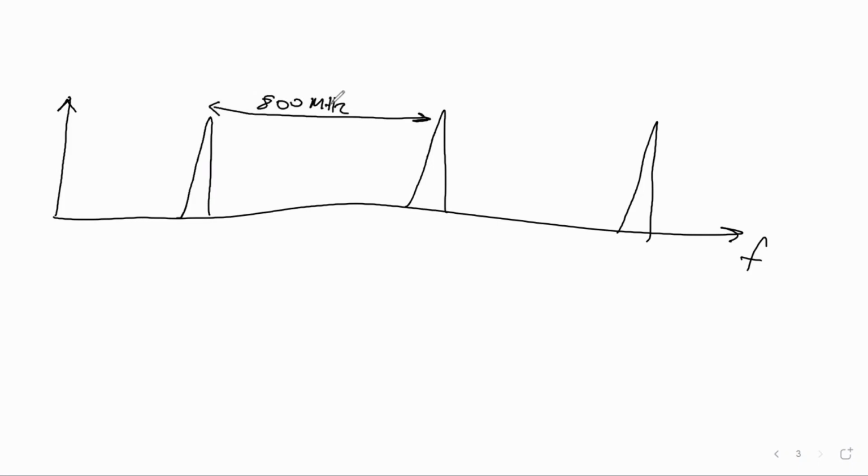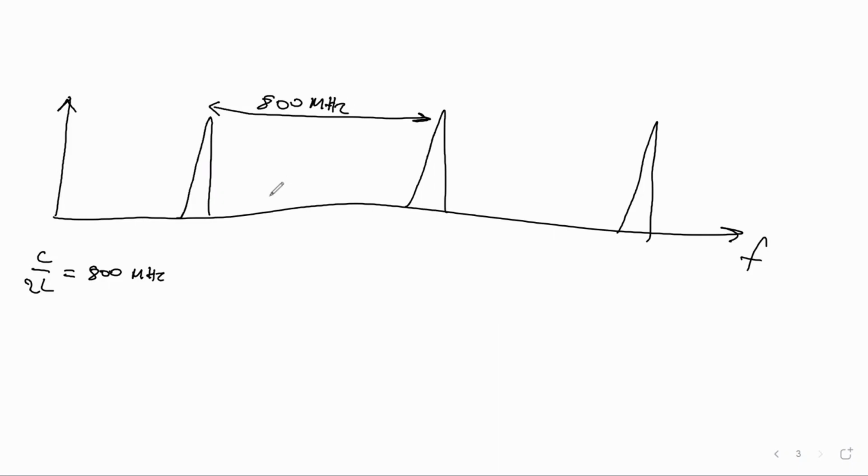If we make a shorter resonator, because this is c over 2L, so when we minimize L, then we can get 800 megahertz of spacing. We would need to calculate that, but this would correspond to some few tens of centimeters.